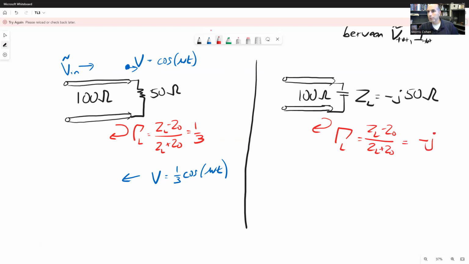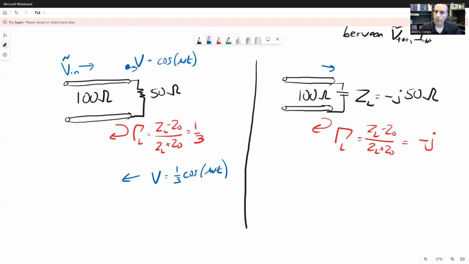All right, so what does it mean for the reflection coefficient at the load to be a complex number or an imaginary number? What it tells us is that the ratio of voltage to current of what comes into the load and what reflects is going to be the magnitude of gamma L. So let's again consider this.